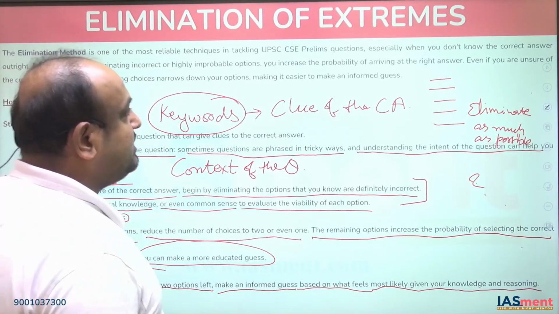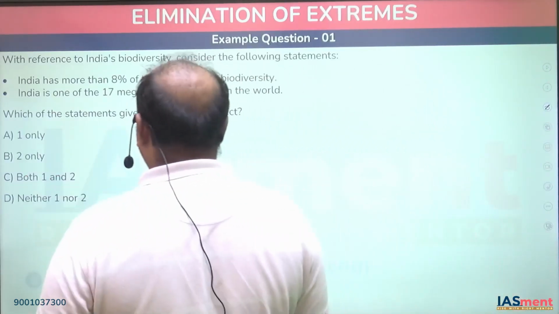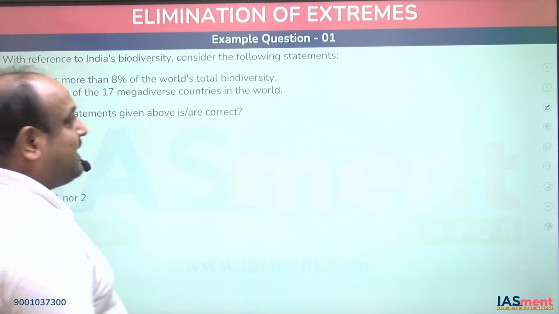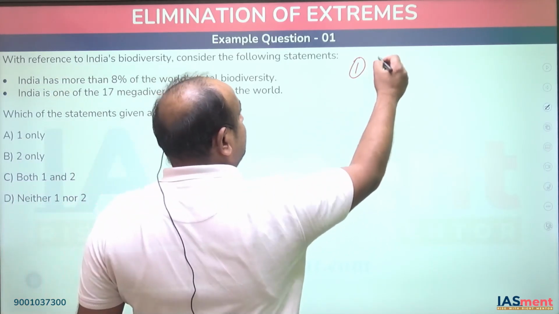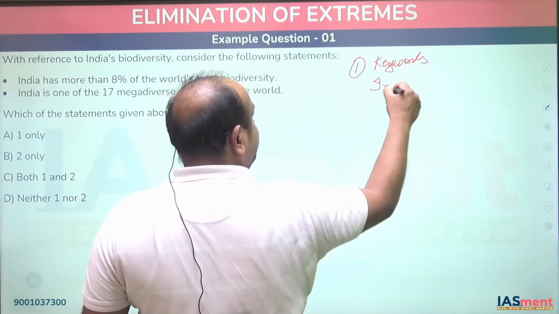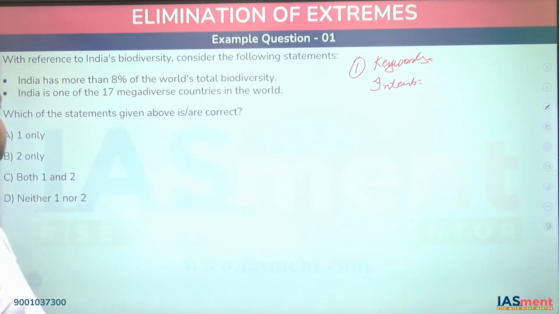Okay, now let's see an example question. Question 1. See, first of all, we will apply step 1. First, keywords and then intent. Let's see how. With reference to India's biodiversity, consider the following statements. India has more than 8% of the world's total biodiversity.